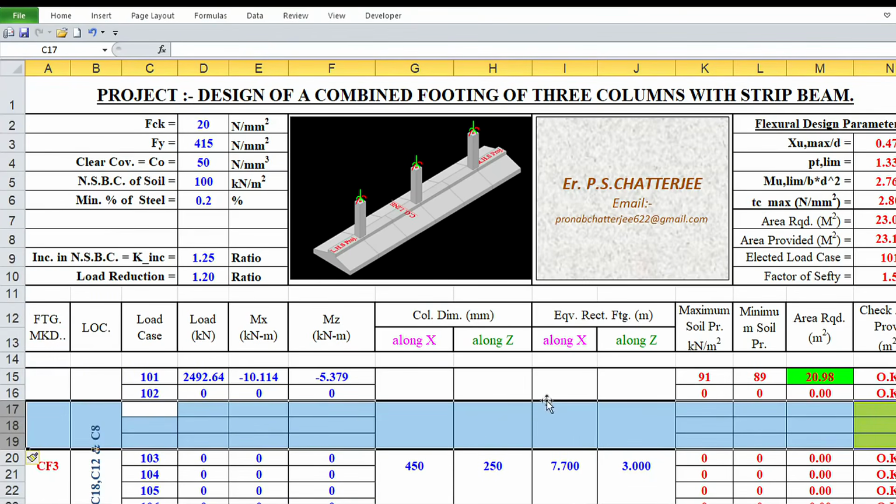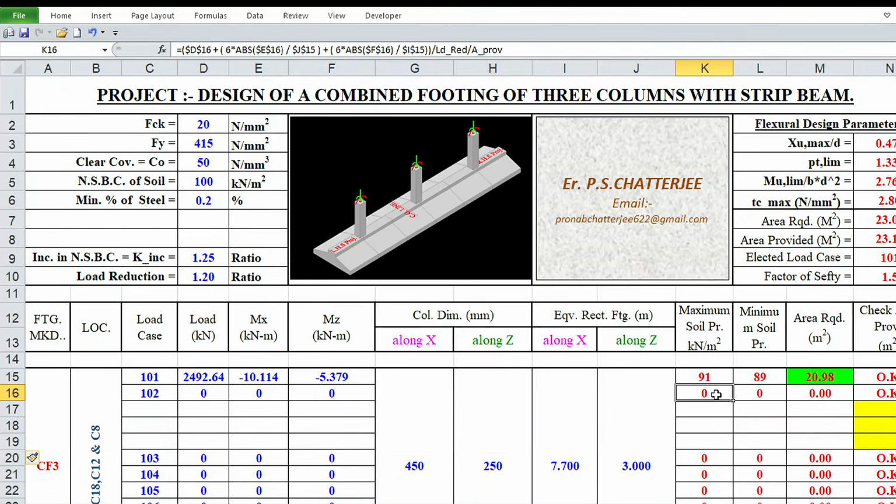Three rows are created here. Now we have to do one thing, nothing to do here, but we have to copy this 102. Remember that 102, not 101. Now copy this.